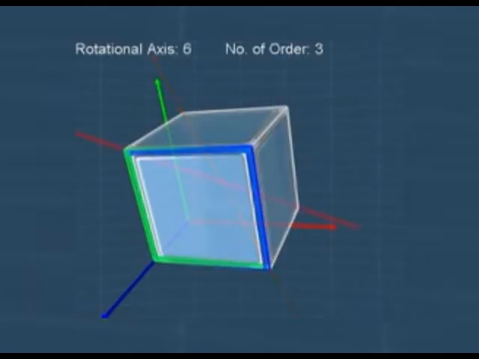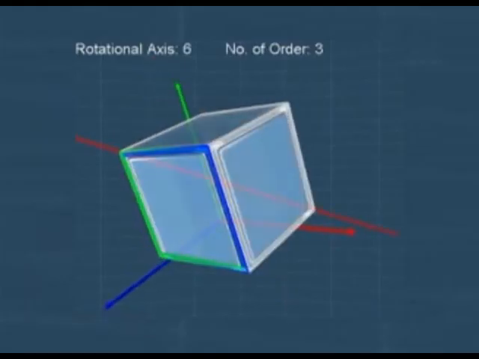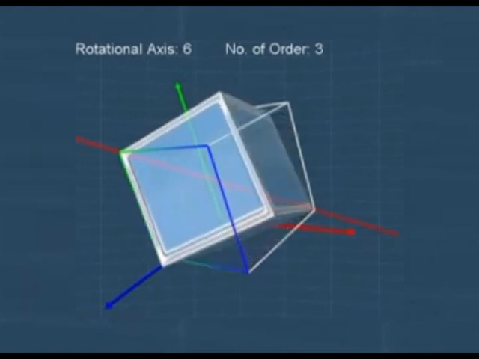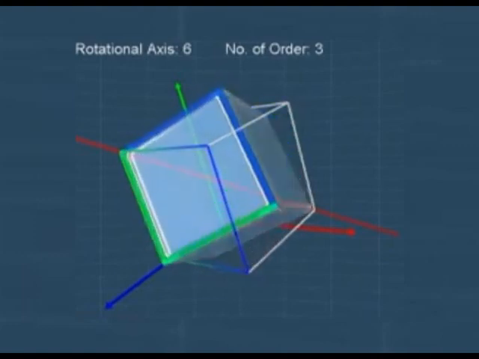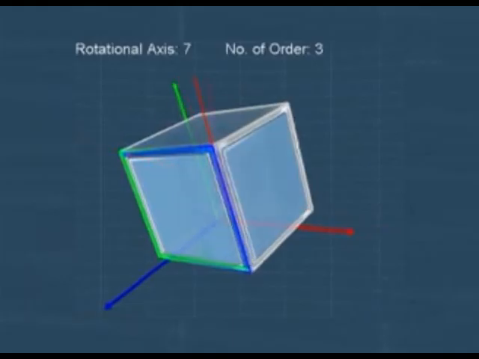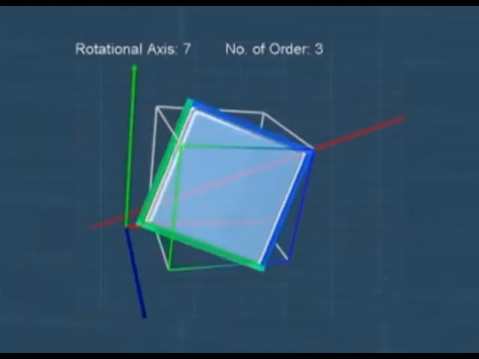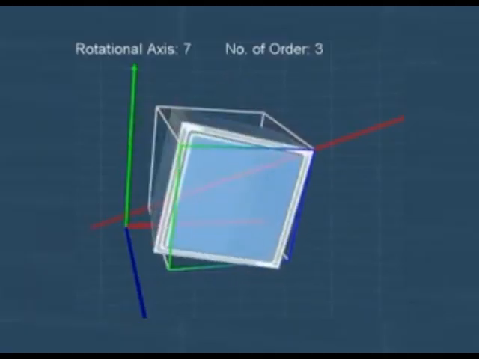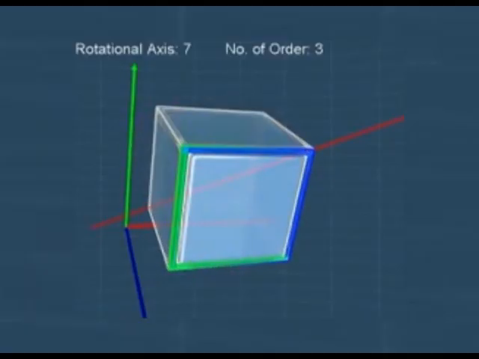For the sixth axis, this axis has order of 1, 2, and 3. The seventh axis has the order of 1, 2, and 3.